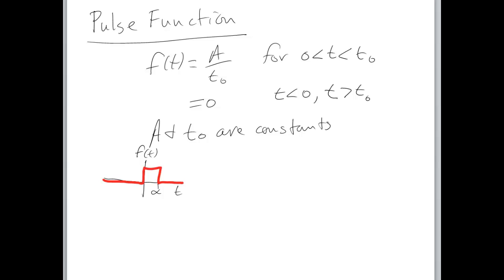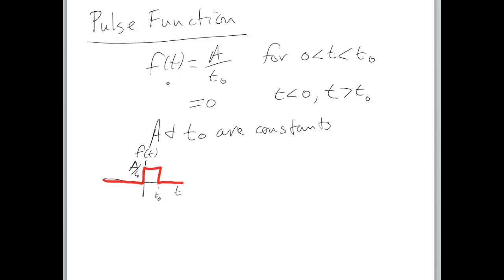So now let's return back to the pulse function. Remember, the pulse function is a function that is 0 when t is less than 0, and then steps up to some value. In this case, it will step up to a value of a, and it will do that at a place of alpha, where alpha is equal to t0.